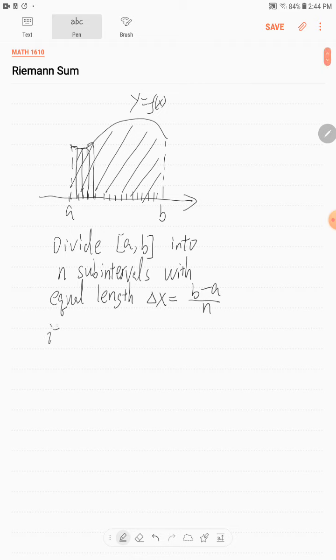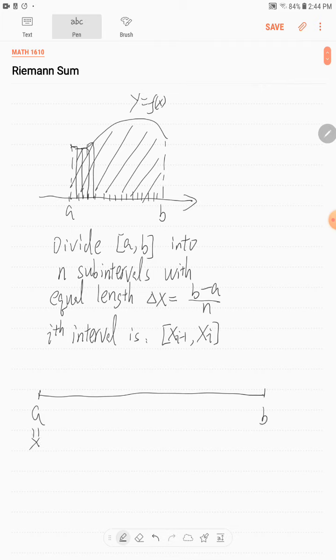So the ith interval is actually xi minus 1 to xi. So this is our interval AB, A and B. This is x naught, this is x1, x2, x3, and continue.